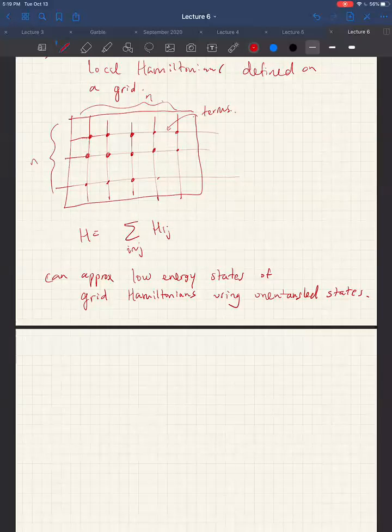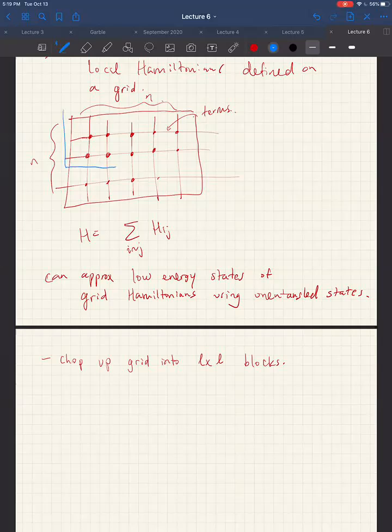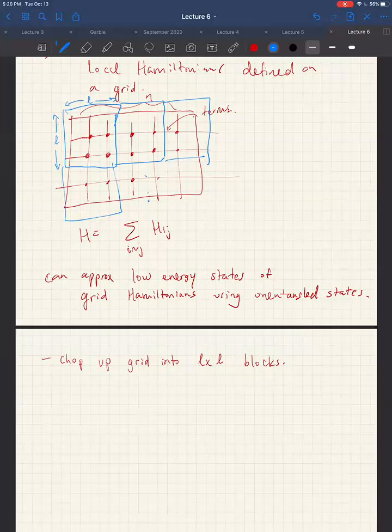And we're going to chop up the grid into little L by L patches, or L by L blocks, right? So we can block together these L by L qubits, and then we just put the blocks together like this. Let me just tile them. And so ultimately we're going to get n squared divided by L squared blocks, right?